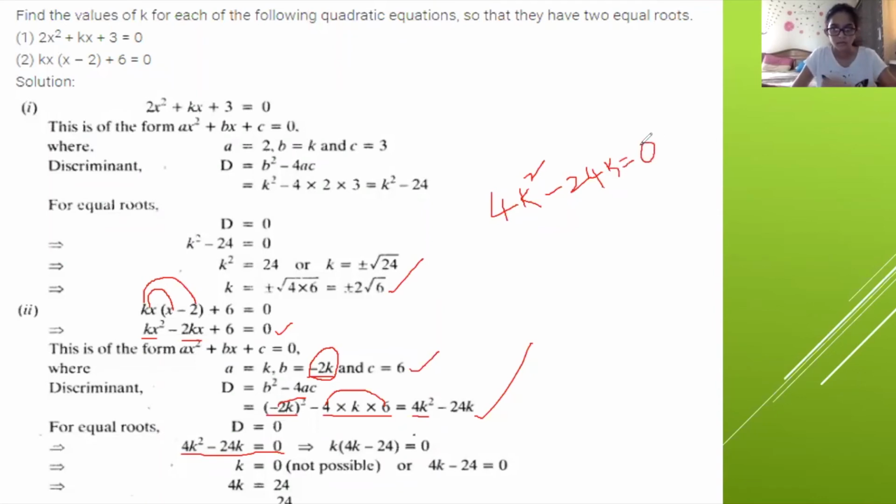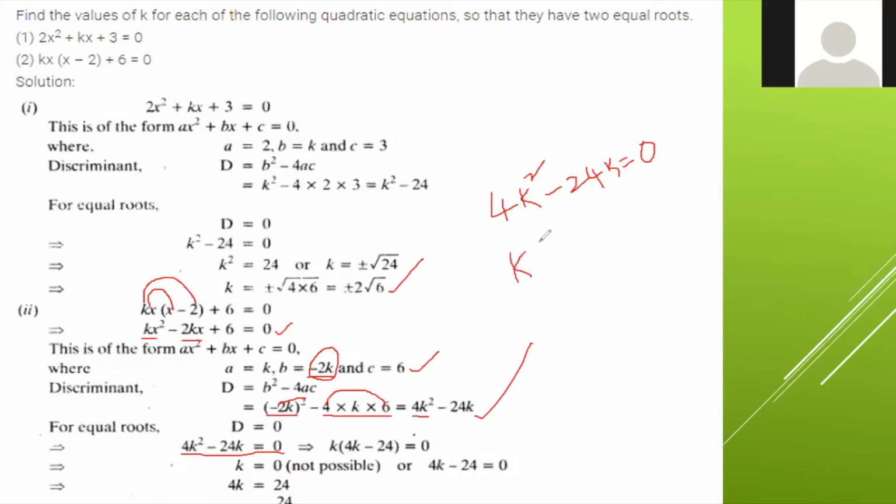If you observe, in here also k is there, here also k is there. Take k as common. If you take k common, 4k minus 24. Disha, is it clear to you? Yes, sir.